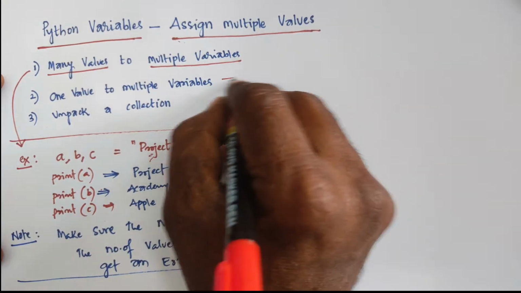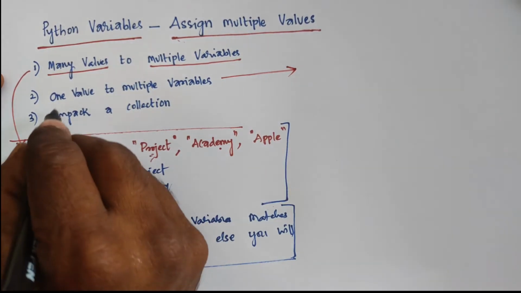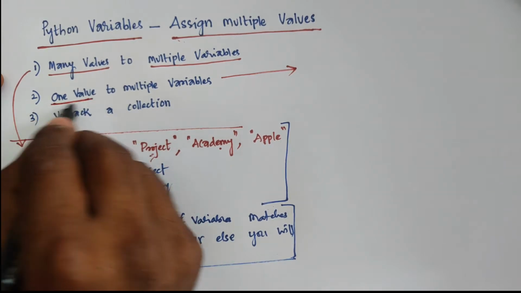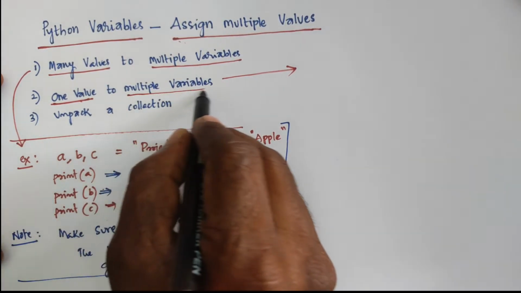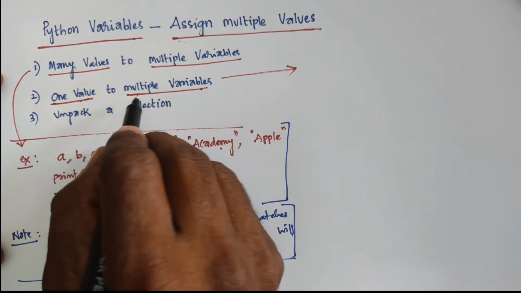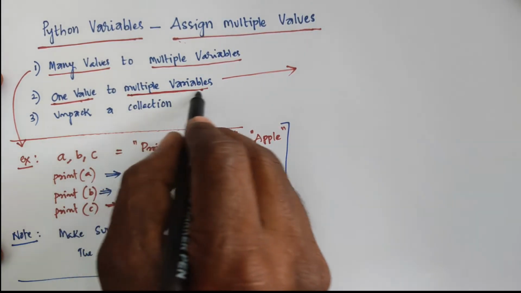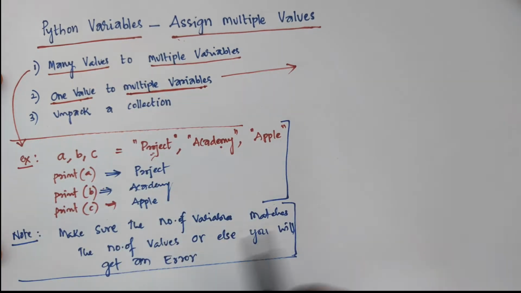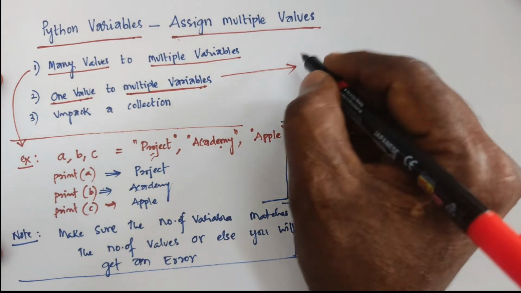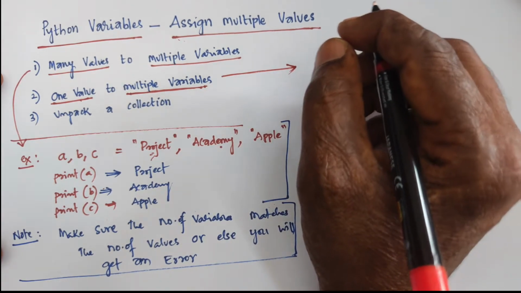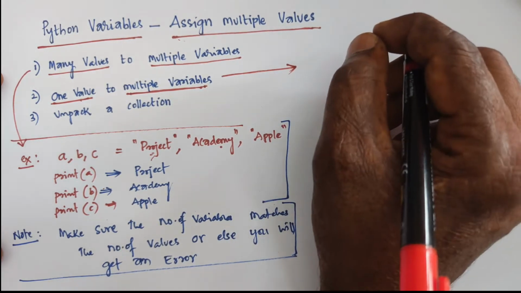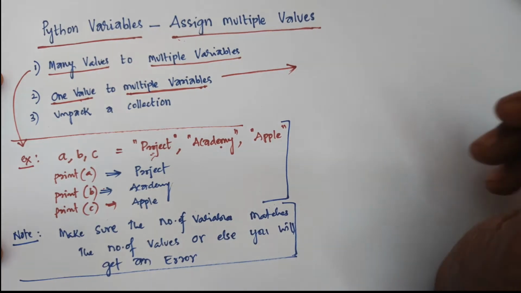Next, example 2, the subtitle is one value to multiple variables. You send only one value on the right side, and you assign the same value to multiple variables on the left side. You can assign the same value to multiple variables in one line.